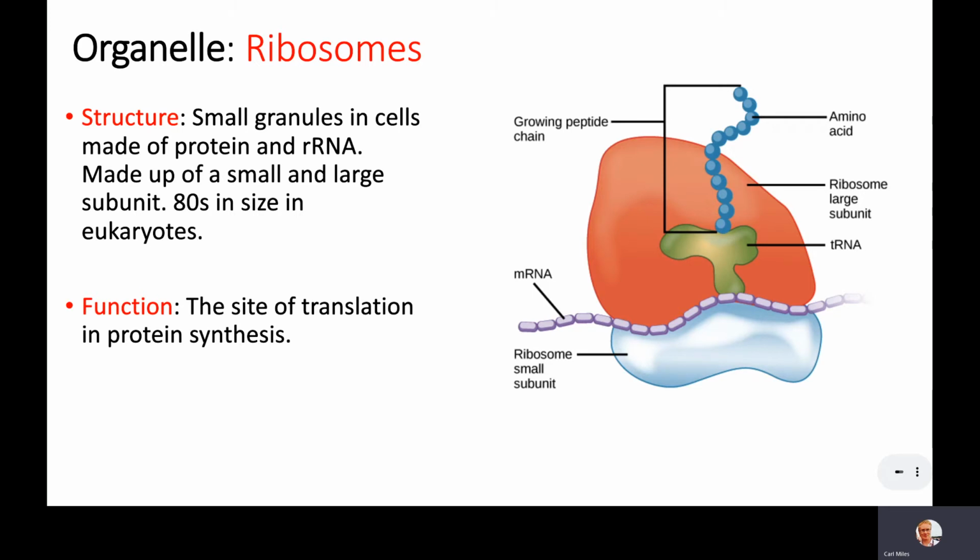You might remember from our slides when we were discussing prokaryotes that ribosomes within a prokaryote are common, and they're referred to as 70S, as in their size. However, ribosomes within a eukaryotic cell are larger, and we refer to those as 80S. Regardless, they're all there for protein synthesis.